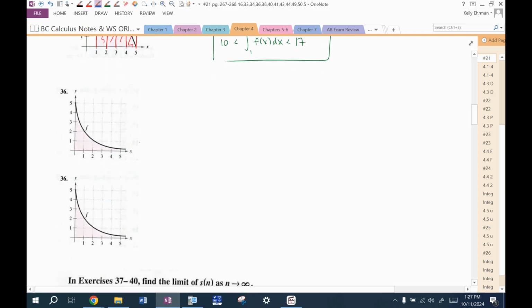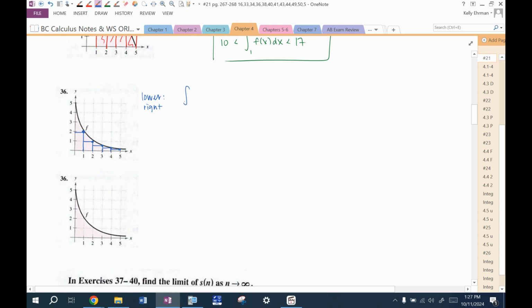Okay, more of the same for this one. So start with my lower. Now what's the lower going to be here? This time the lower is a right sum, because to stay underneath this decreasing function, you're going to have to connect to the right side. And we're really going to use some estimating here because we don't know what f's function actually is.